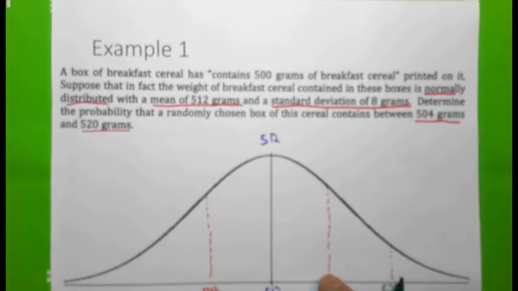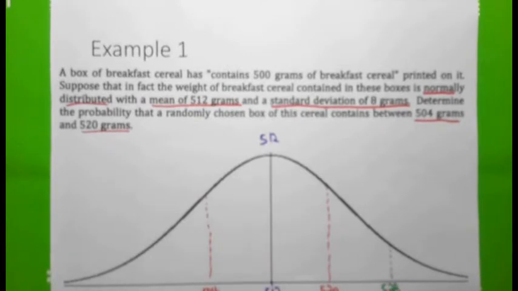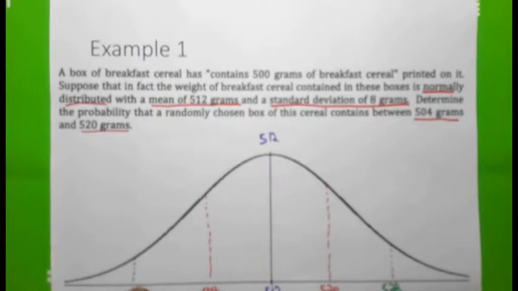So 512 plus 16 gives us 528, or 520 plus one more standard deviation, which gives us 528. Now, two standard deviations below is 504 minus 8, or 512 minus 16. So 504 minus 8 gives us 496.